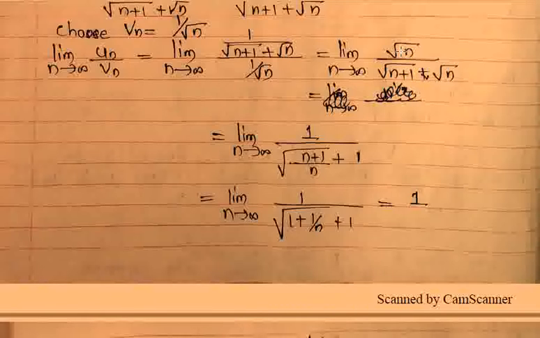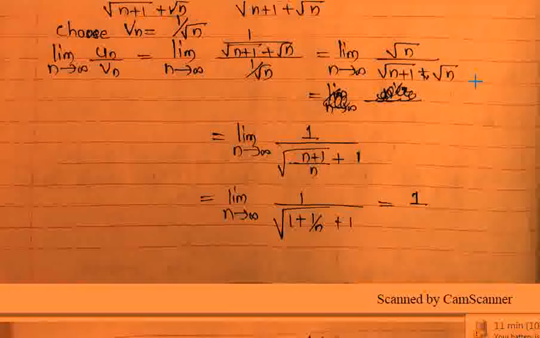So what they have done here is put root n in the denominator, so it would be 1 over root n by root n plus 1 by root n. So this cancels down to 1 and this square root sign becomes of the whole thing, so n plus 1 by n.